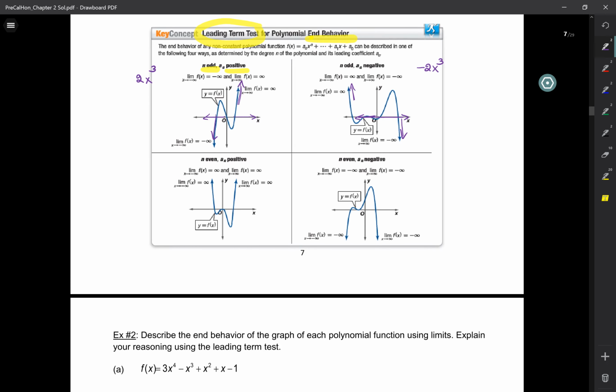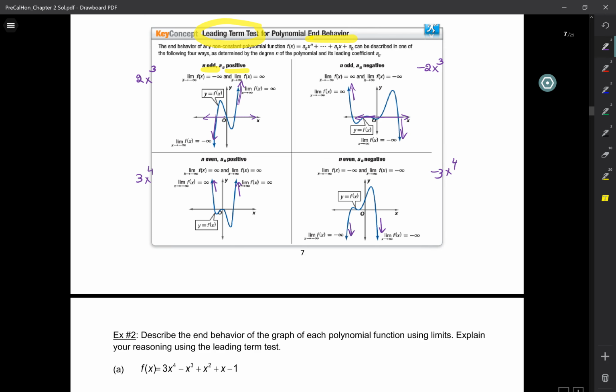Okay? Well, same thing here. What if n was even? So what if you had x to the 4, right? Now, what if you had 3x to the 4, positive? Then both ends are up, so positive infinity on both ends. And what if you had negative 3x to the 4? Then both ends are down.